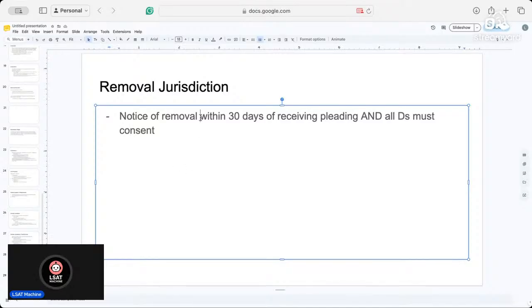Notice of removal and remand, I guess, have to be filed within 30 days of receiving the pleading or removal.